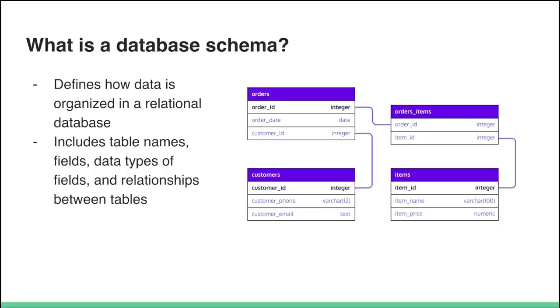We're going to show how those tables are connected to each other via primary key and foreign key pairs, what their data types are, what the field names are, what the table names are, and we may even have the length of that specific field. So here that's going to be 100 characters, and here that's going to be 12 characters. So a database schema is basically an overview of a database, an organizational chart for a database. And we'll be referring to and looking at database schemas a lot in the coming slides.